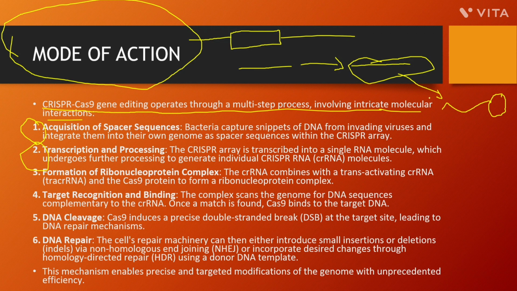The RNA is produced, and the third one is formation of the ribonucleoprotein complex. So the RNA is produced, and the Cas9 will come and attach to that RNA sequence. Next is target recognition and binding.